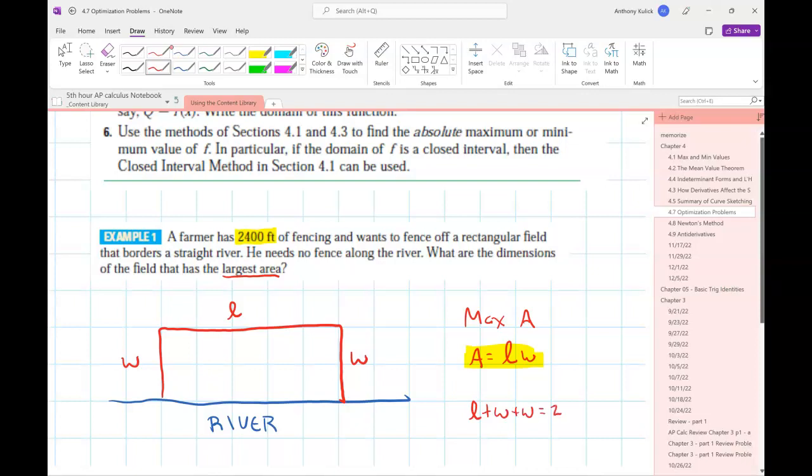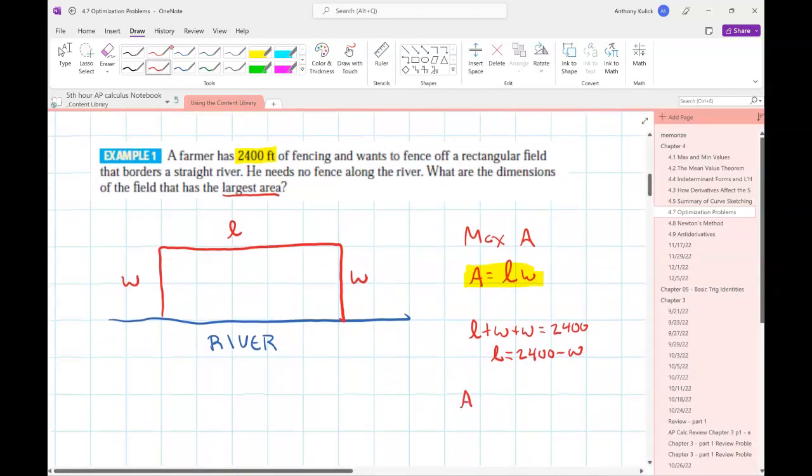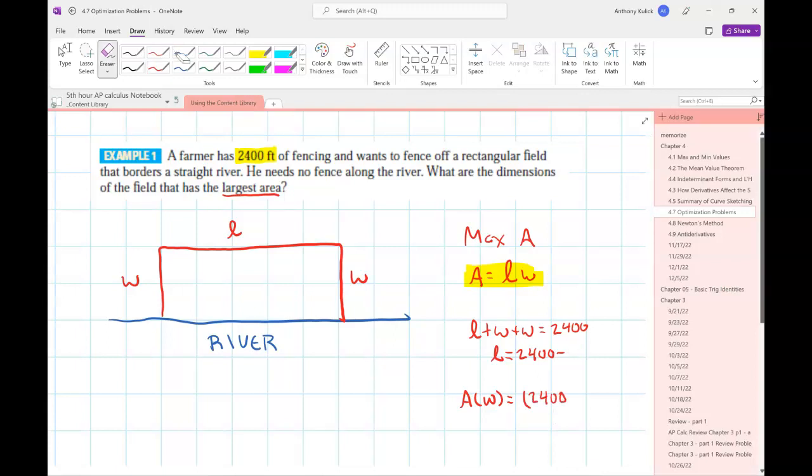All of my fencing has to equal 2,400, correct? Everybody agree with that? Or rather, that L is going to equal 2,400 minus W. So if I want to write an equation for area in terms of W, I can say that.